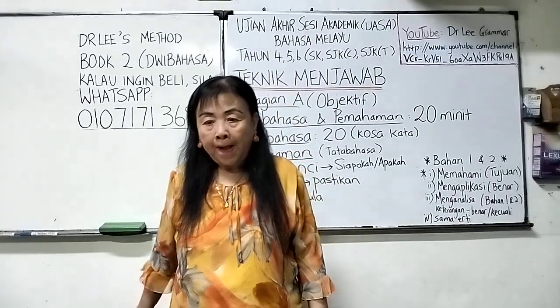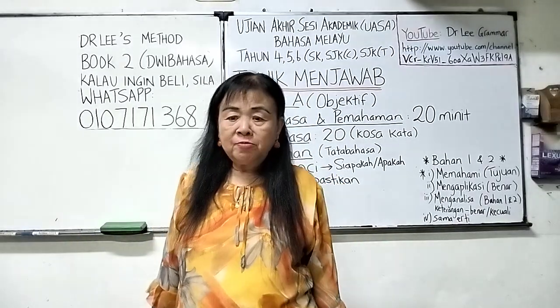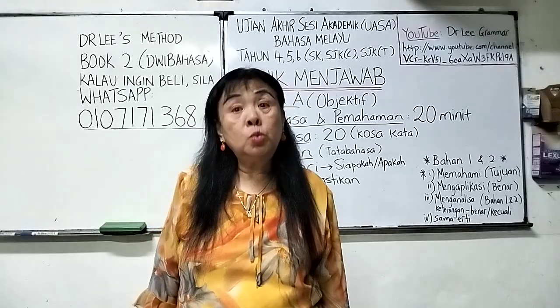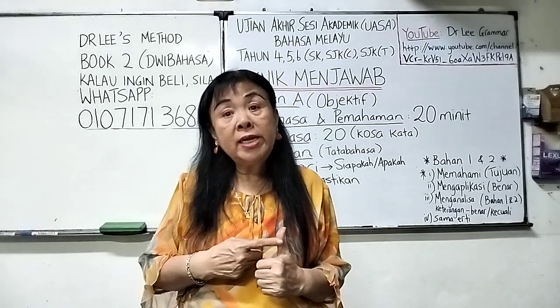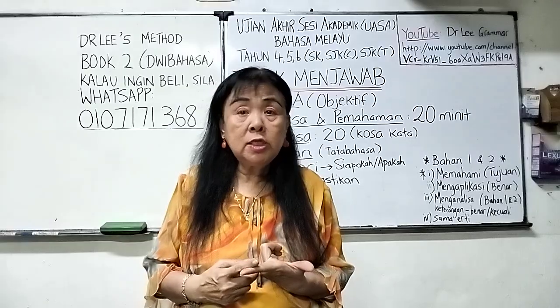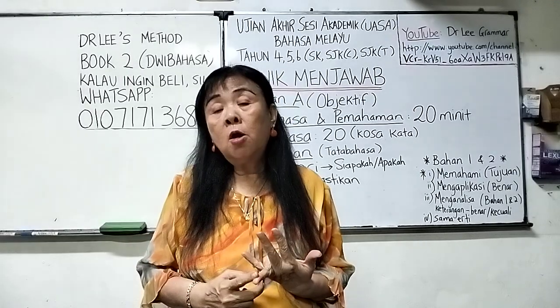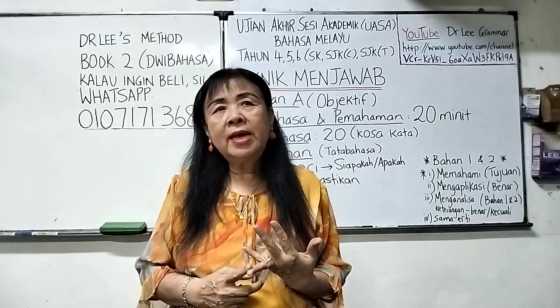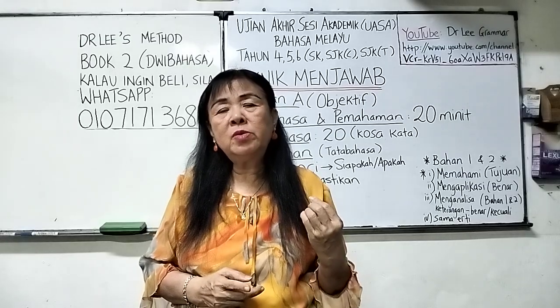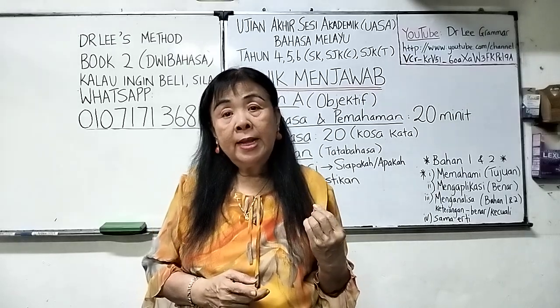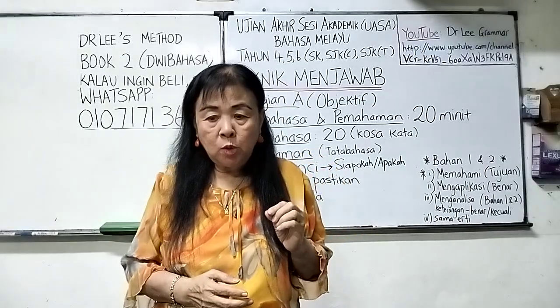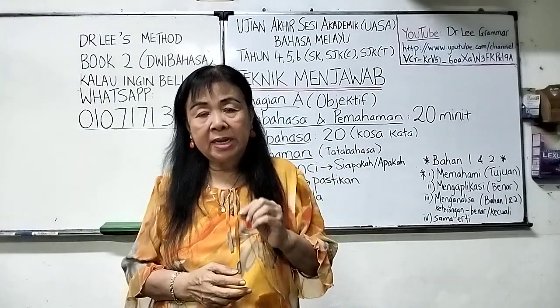Okay? Now, you also have to know, I think every language in this world, whether it is the Chinese language, whether it is English, Bahasa Melayu, or even the Tamil language, there is one part of grammar which all of us must know, what we call in Bahasa Melayu, kata banyak makna.